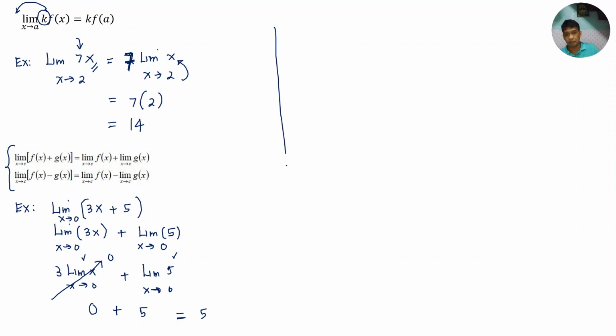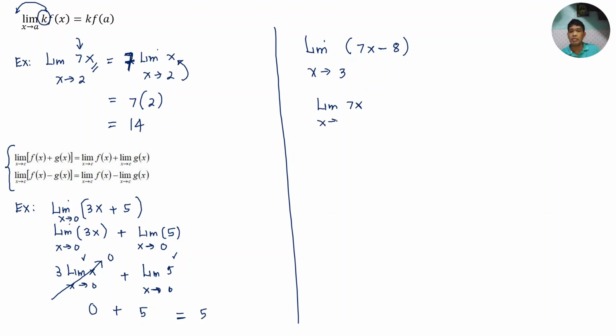So, another one. What if I have here limit of 7x minus 8 as x approaches 3? What we will do here is to apply this principle: limit of the first term, 7x, as x approaches 3, minus, since naka-minus yan, limit ng second term, which is 8, as x approaches 3.